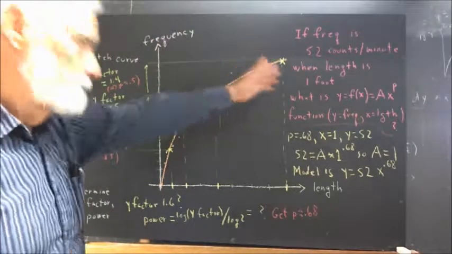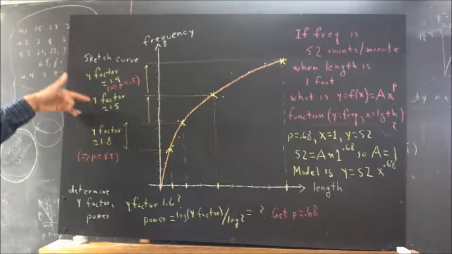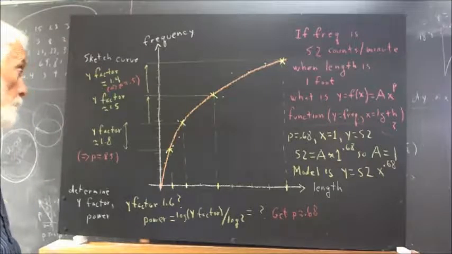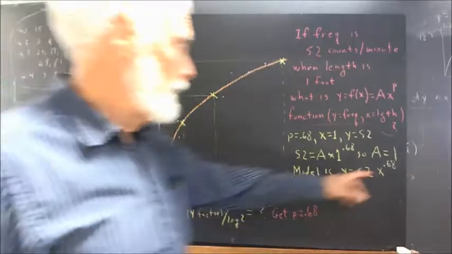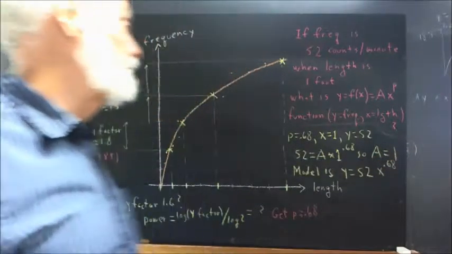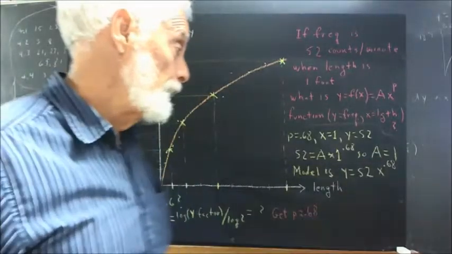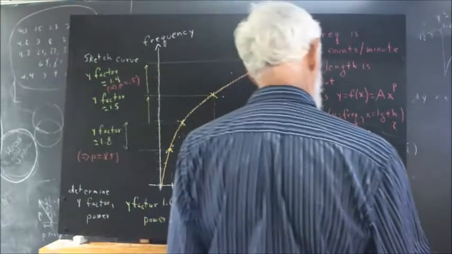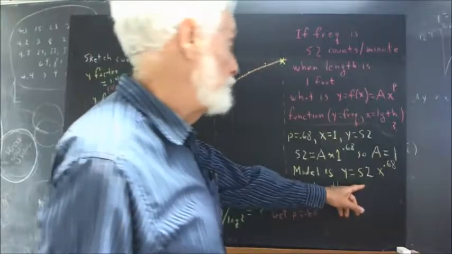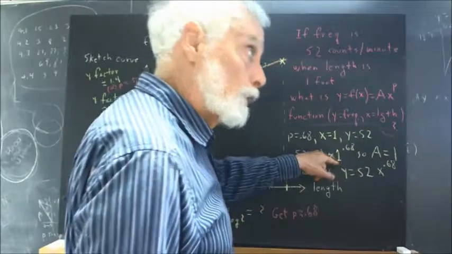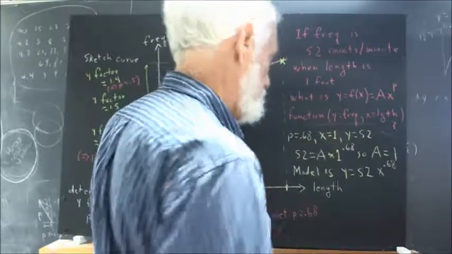Now, if you got y factors closer to 1.4 or 1.5, then you would probably say x to something close to the 0.5 power rather than the 0.68. And you would still get the 52 because you still have just one unit of x here.